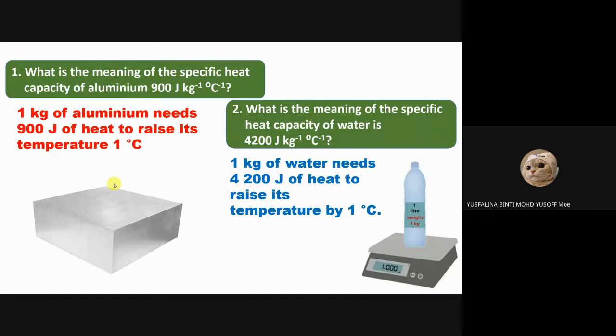So the amount of heat needed to increase, you have to change it to the value. So 900 joule of heat energy is used to increase 1 degree Celsius for 1 kg aluminium. Are you clear, Nirupa? Because sometimes they ask you this in paper 1, the objective part. They ask you what is the meaning of 900 kg negative 1.